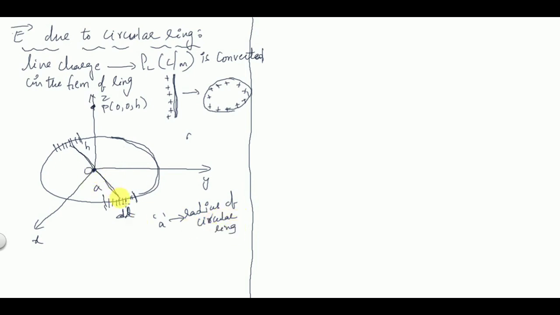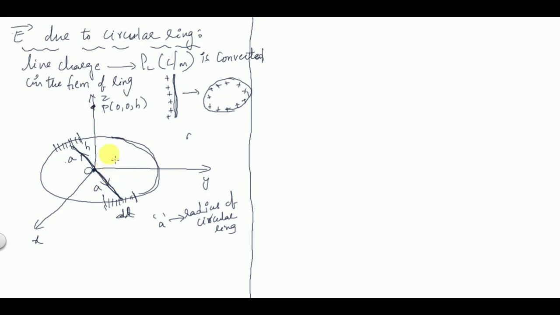In this direction it is increasing from 0 to the line charge, that is from the origin to the circular ring, so from O to A it is increasing.